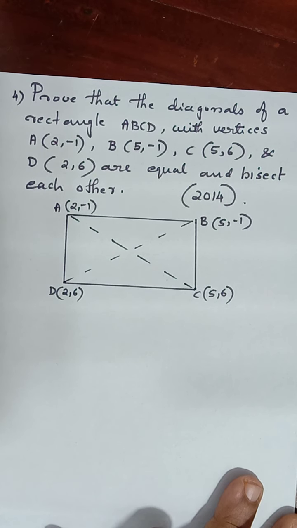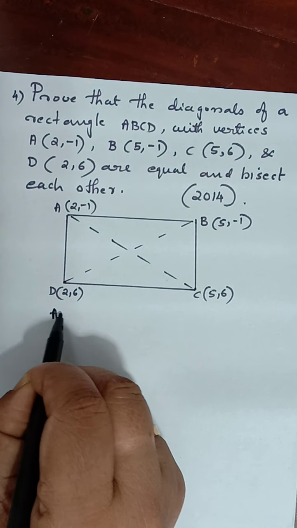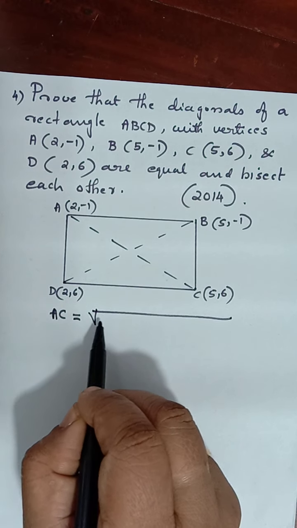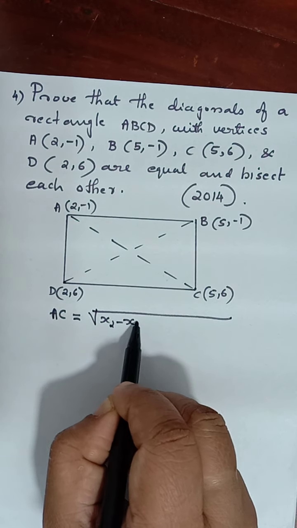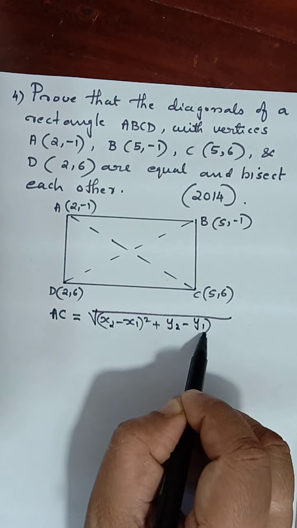First we have to prove the diagonals of the rectangle are equal. The diagonals of the rectangle are AC and BD. AC we will find out using the distance formula: square root of (x2 minus x1) whole square plus (y2 minus y1) whole square.